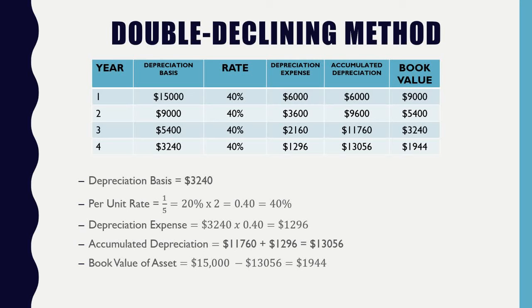Now, notice this. I've reached the 4th year, and my book value is now 1,944. What was my salvage value that I established? Do you guys remember? Okay, in this case, my book value has dropped below my salvage value, which was 2,500.